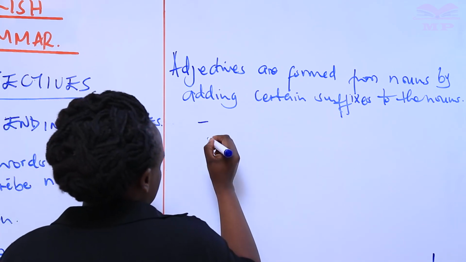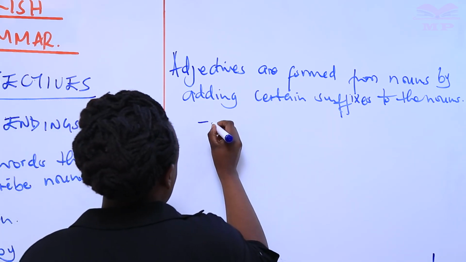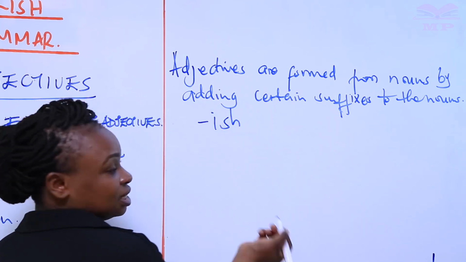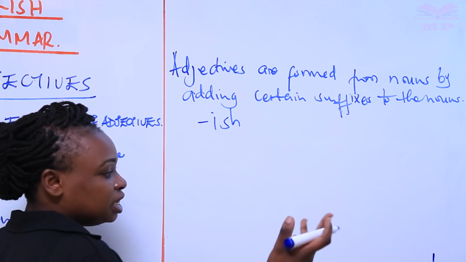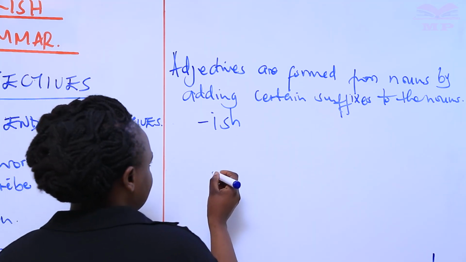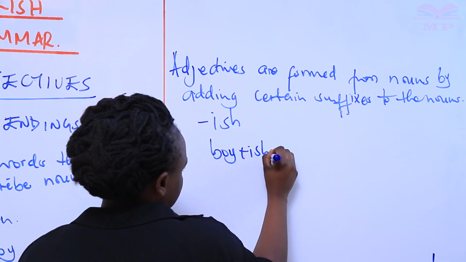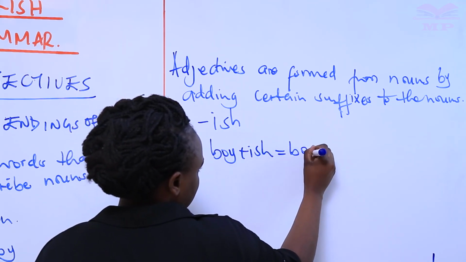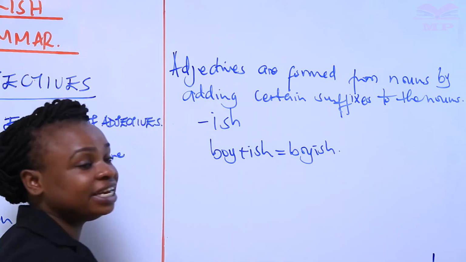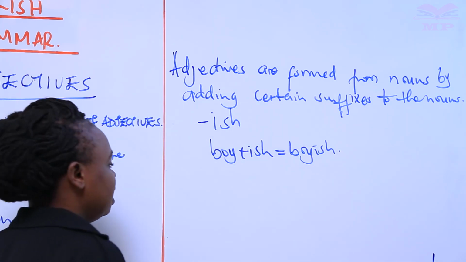So of particular, we have the ending ish. This is a suffix, a word part that is used at the end of a word. It's normally added so that we have boy plus ish, boyish. So one ending of an adjective is ish.